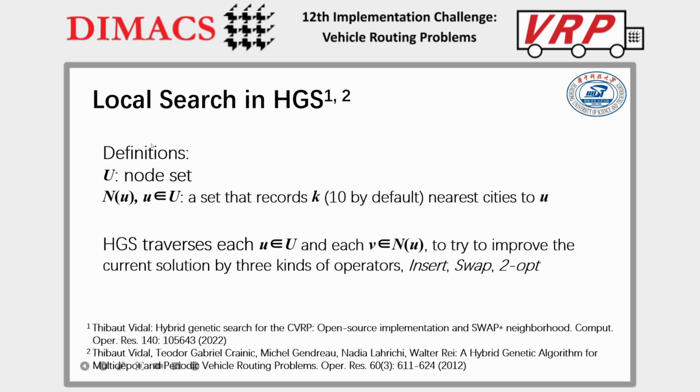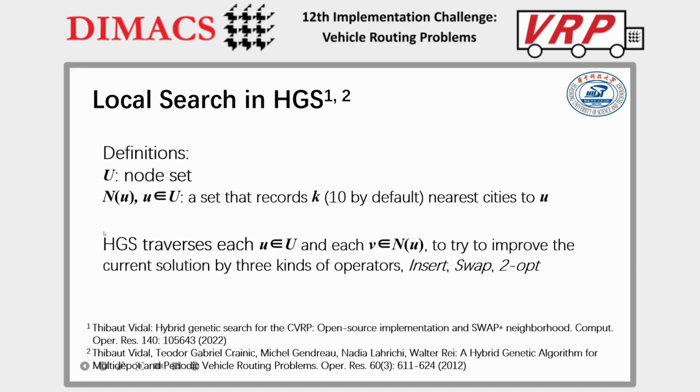Here are some definitions. U is the node set that contains all the cities or customers. NU is a set that records the k nearest cities to the city U. The parameter k is set to 10 by default in the HGS algorithm.